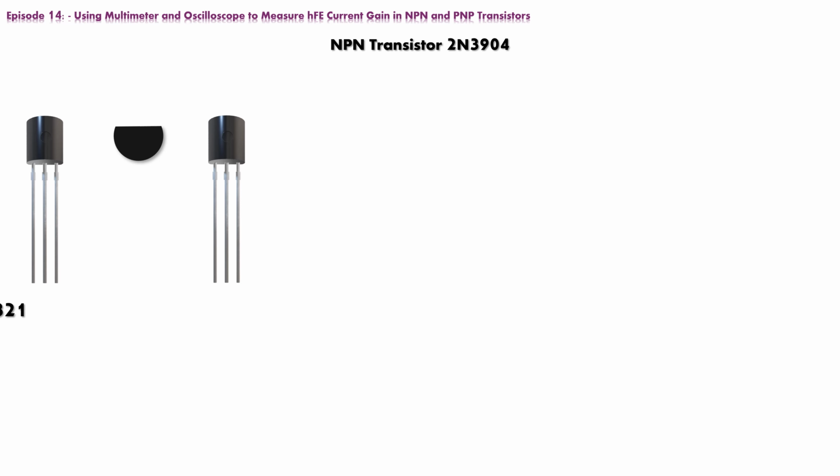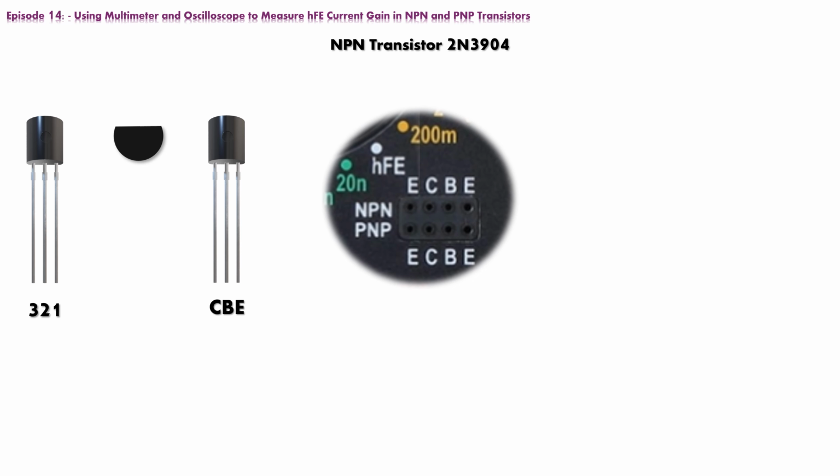Now the terminals are in order 3, 2, 1, which means that now, the left-hand terminal is collector, the middle one is base, and the right-hand one is emitter. This layout now corresponds to the slots on the hFE port on the multimeter, and we can use 3 slots, starting from the right hand on our hFE port to plug in our transistor.